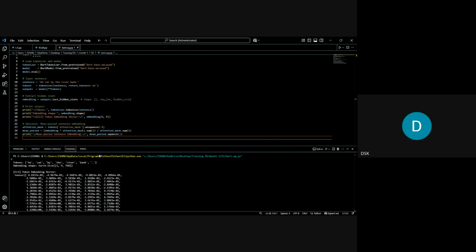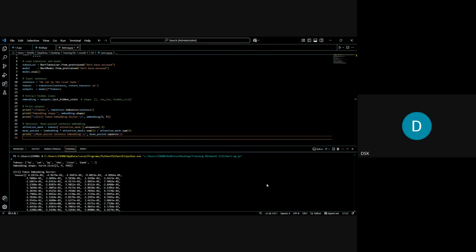So the CLS token embedding is a long tensor of 768 float values, as you can see on the screen, that is minus 0.0496 and so on. There will be a total of 768 values. So it is used as a sentence representation in many classification tasks.